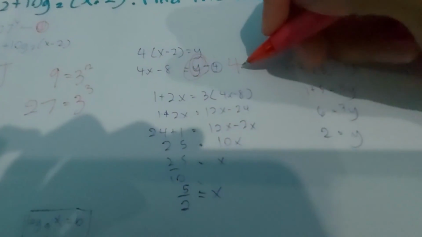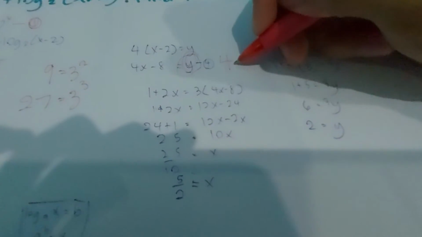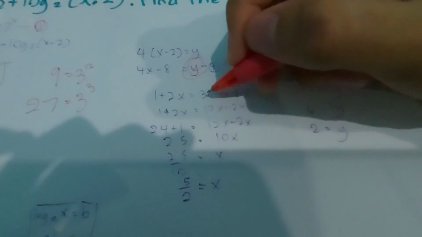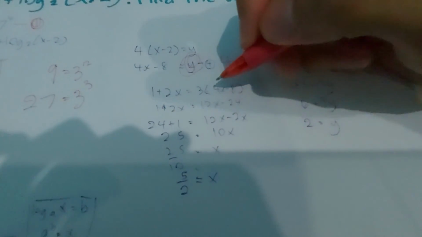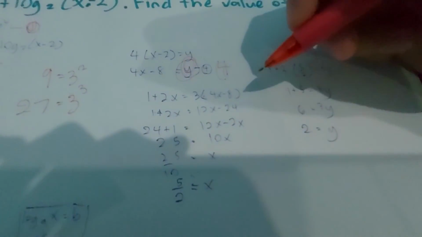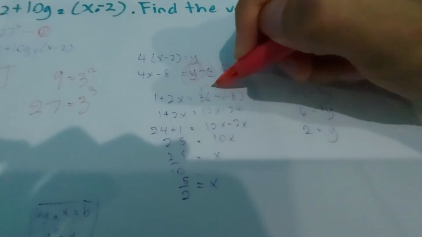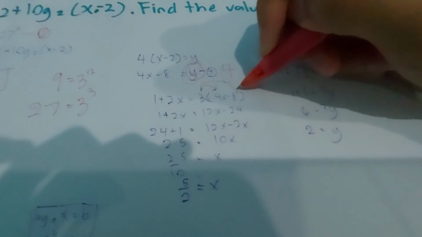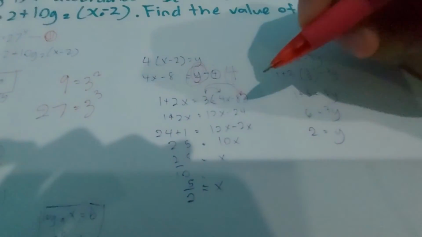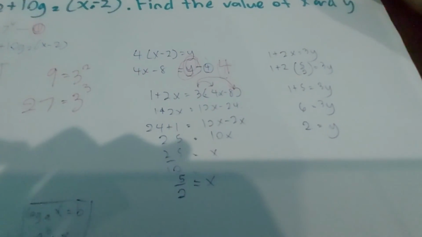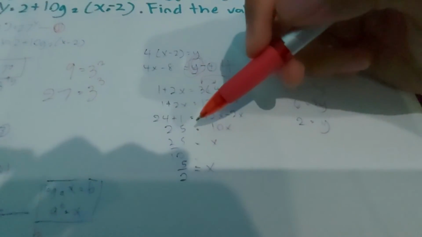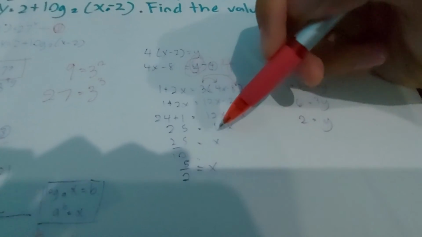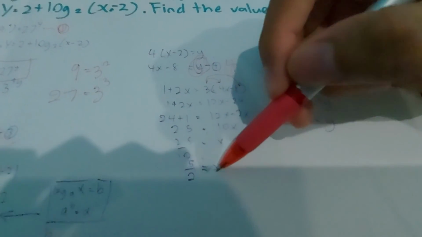Simply plug the fourth equation into the third equation. So we got 1 plus 2x equal to 3 in bracket 4x minus 8. So 3 times 4x, 3 times 8, we got 12x minus 24. Then rearrange the equation and we got 25 equal to 10x. So 25 divided by 10, and you get 5 over 2 equal to x.